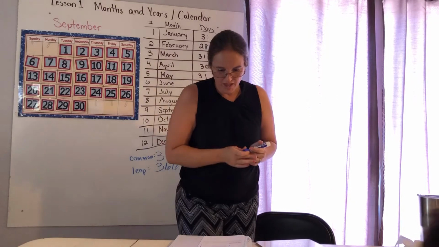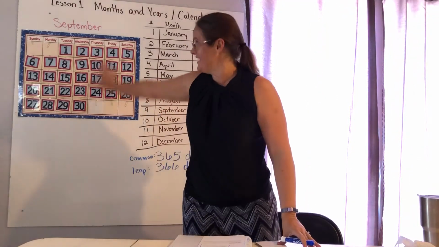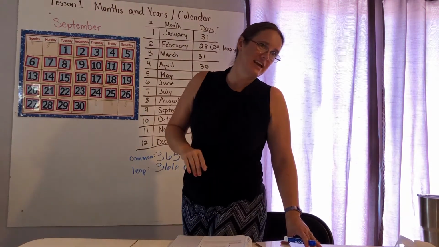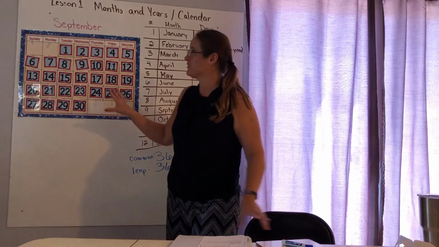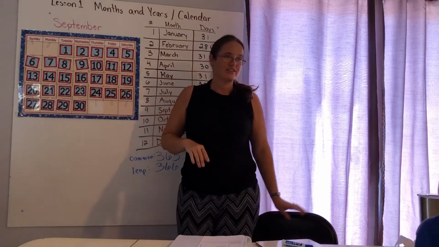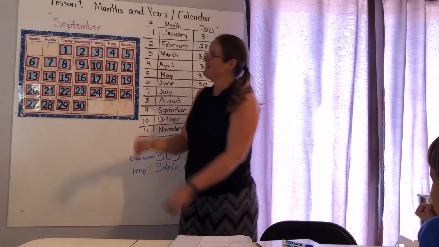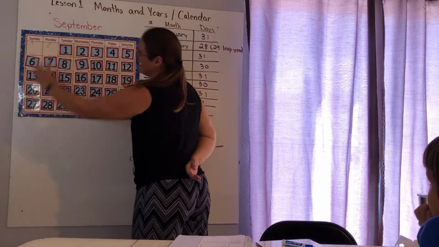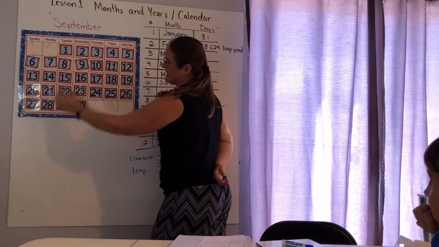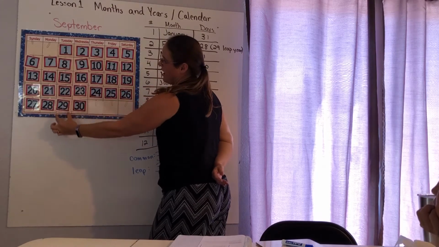Okay? All right, so this is a calendar, and I am guessing most of you have seen a calendar before. Calendars are set up with the month at the top. And then they're split into 7 columns. This up and down here, this is called a column.